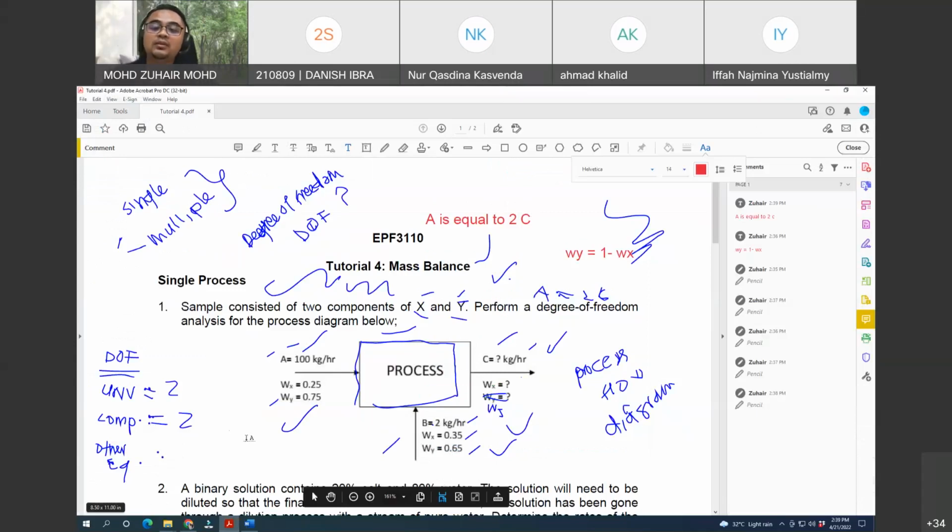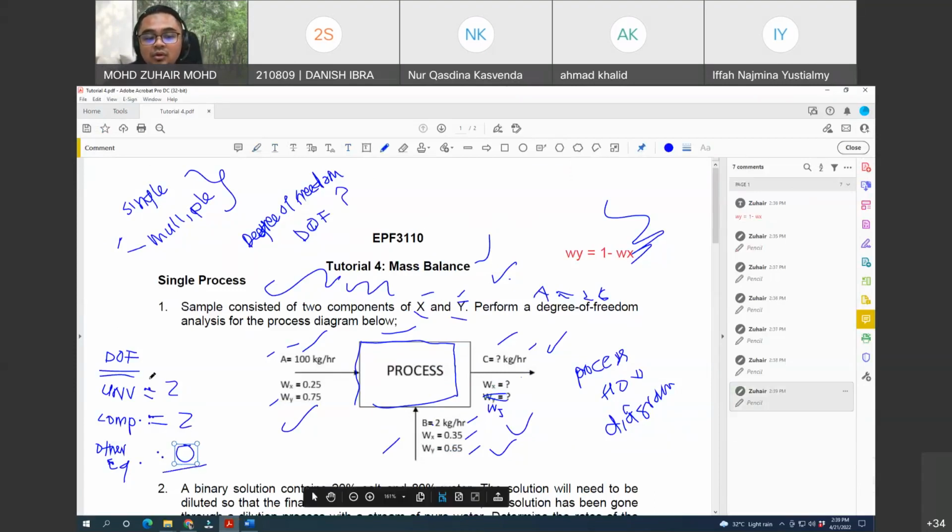Like this one, we don't have this, so we don't have any other equation. So the other equations number is 0. So 2 minus 2 minus 0 is equal to 0.